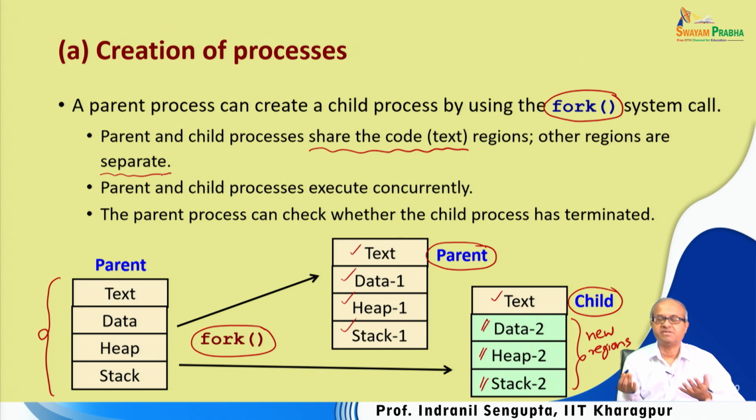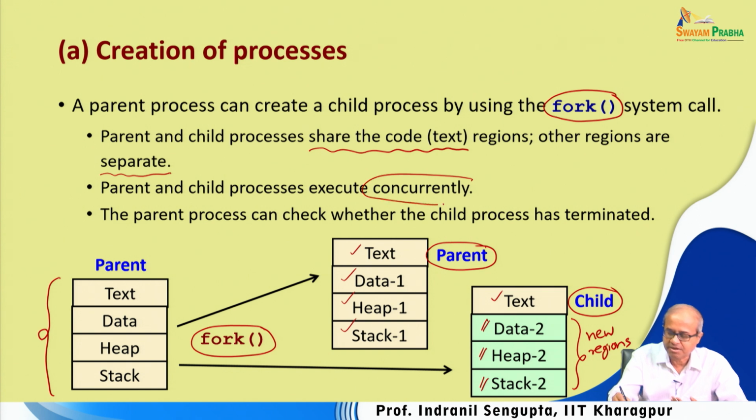And once these processes are created, the parent and child process can execute concurrently. Now, in operating systems, when you say that 2 processes are executing concurrently, it does not necessarily mean that they are executing in parallel, because in the system there can be a single CPU, and if there is a single CPU, only one process can execute at a time. But we talked about the time sharing system and the multi-programming system.